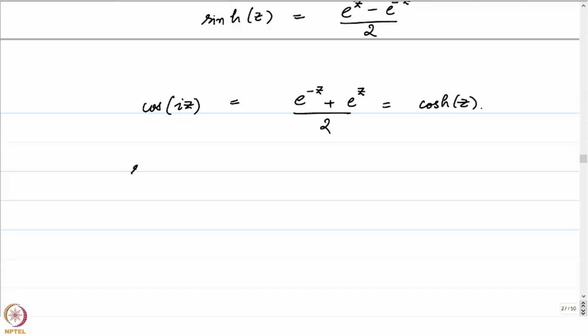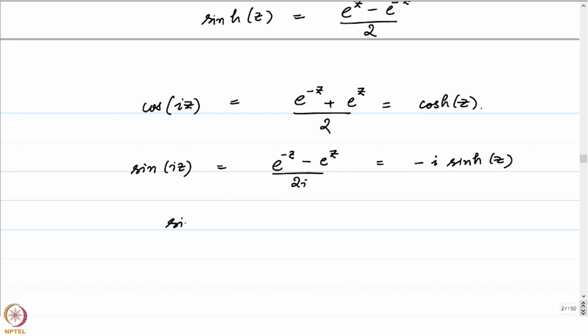And how about sine of iz? Sine iz will be e to the power minus z minus e to the power z by 2 times i, which is basically equal to i times sine h of z.